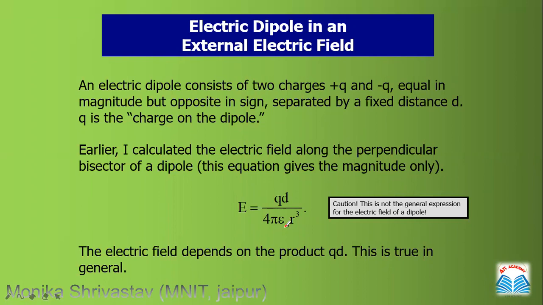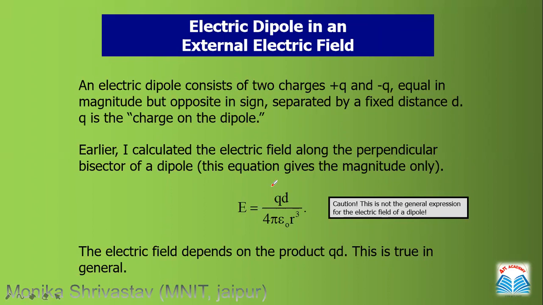The electric field we will derive using Coulomb's law, because an electric dipole is not a closed system, so we can't apply Gauss law here. So using Coulomb's law, we will have electric field E equals 1 upon 4 pi epsilon naught, Q D over R cubed.